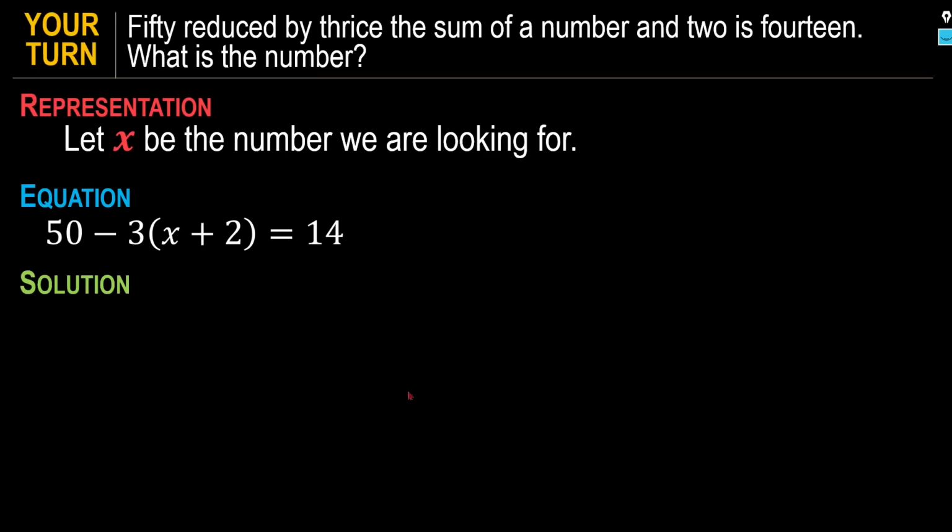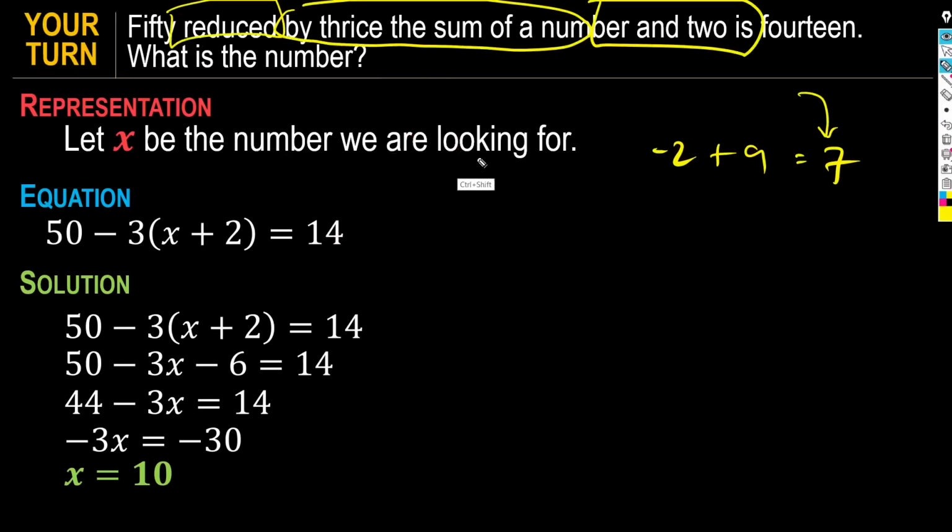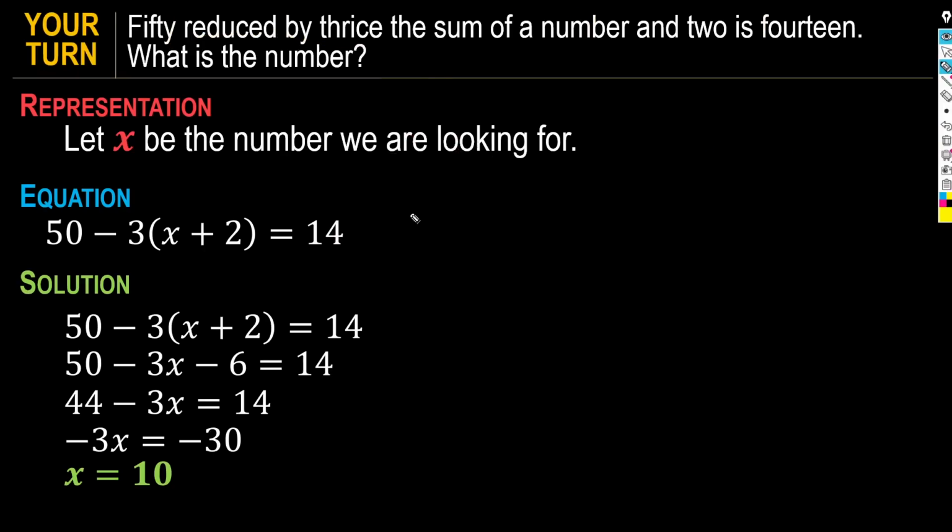And then when I solve, I'll not detail these solving steps anymore. But I should get x equals 10. Okay? Again, you can check that by plugging in your root in your equation. If I rewrite my equation here, 50 minus 3 times the quantity x plus 2 equals 14.